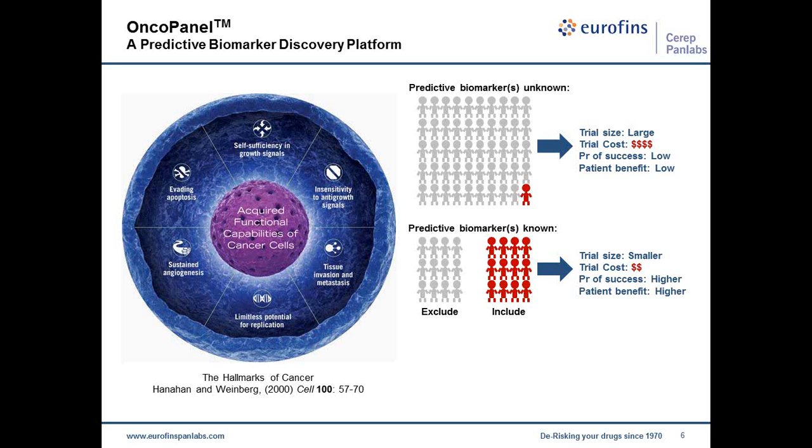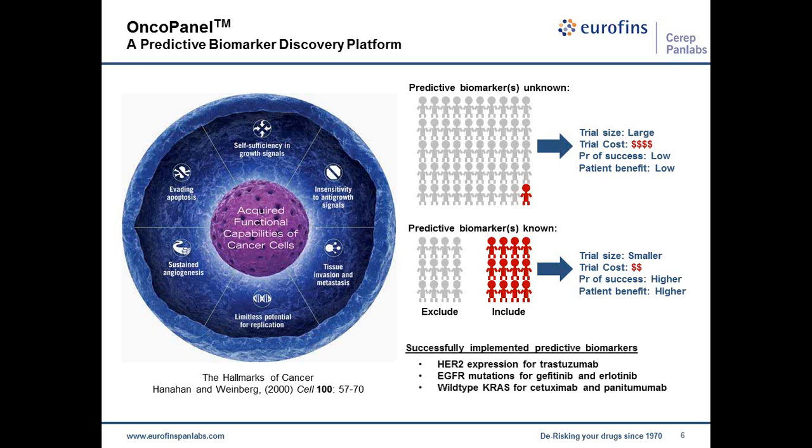So in this case, the overall trial size is smaller, and you incur reduced cost in enrolling this smaller cohort of patients. Probability of success for the individual patient is higher, and the overall benefit, that is the therapeutic response for the patient, is also likely to be higher. And here's a few examples of successfully implemented predictive biomarkers.